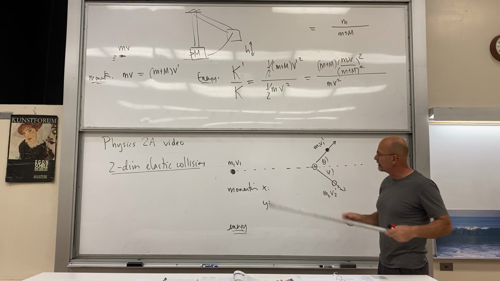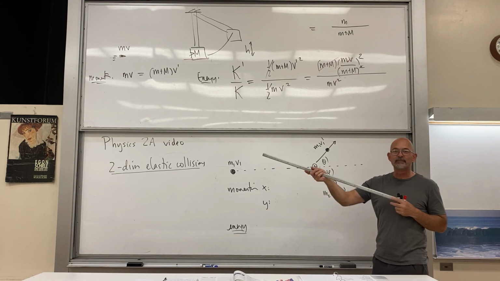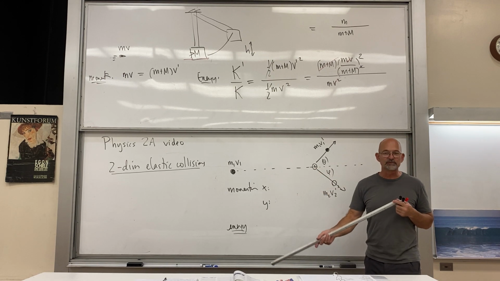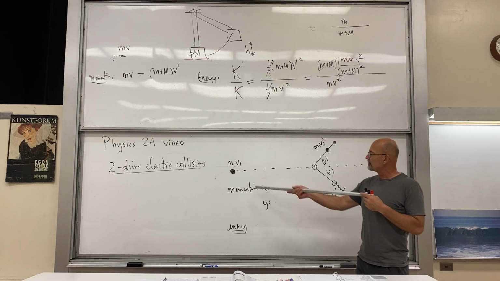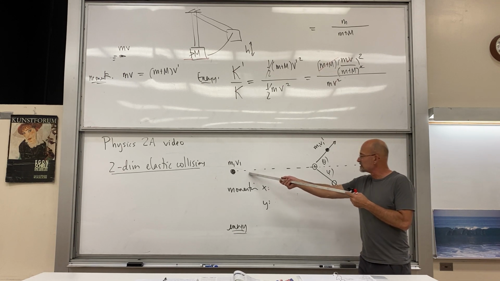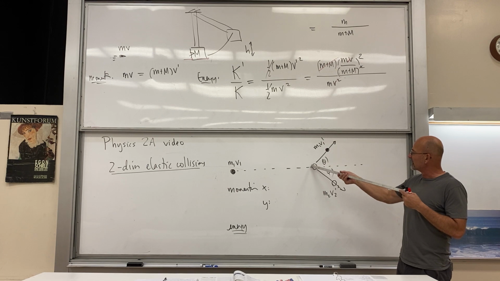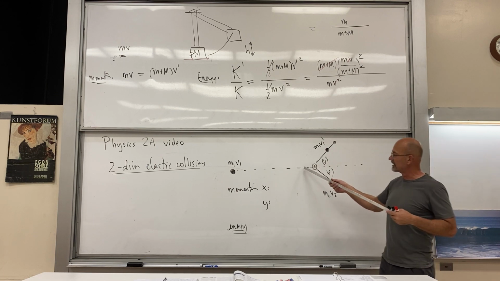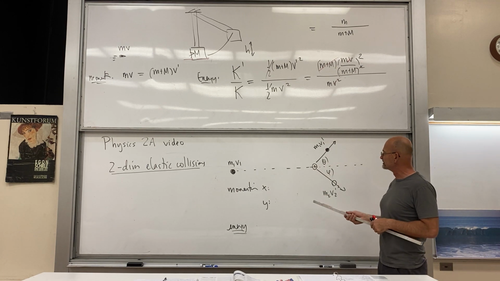Now these could be subatomic particles. Next semester you'll talk about the Rutherford experiment where alpha particles were launched at gold nuclei. That's nothing that you can see.